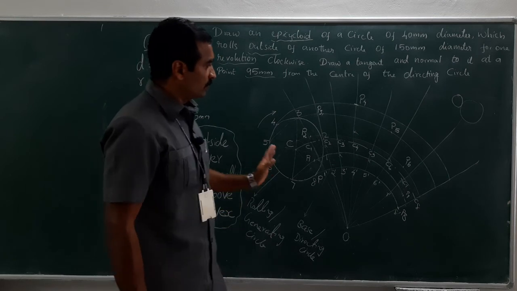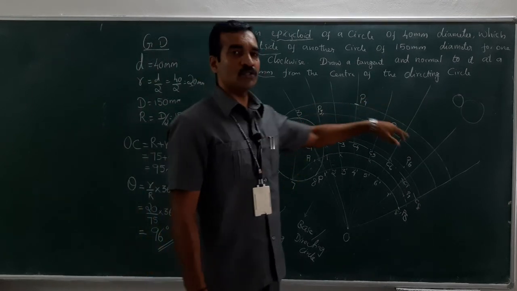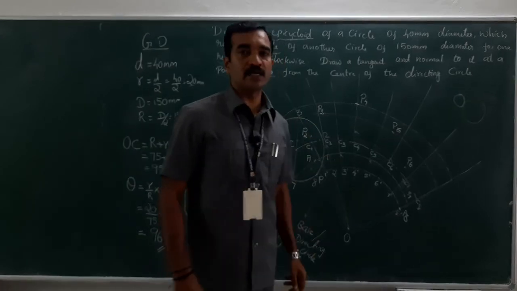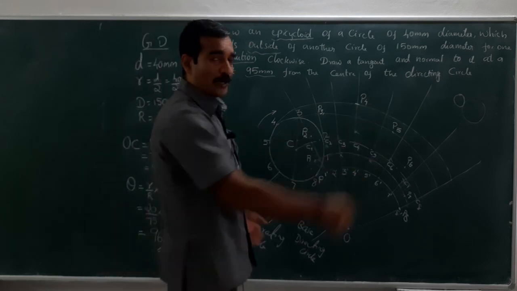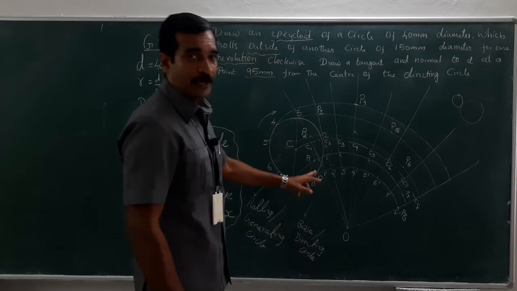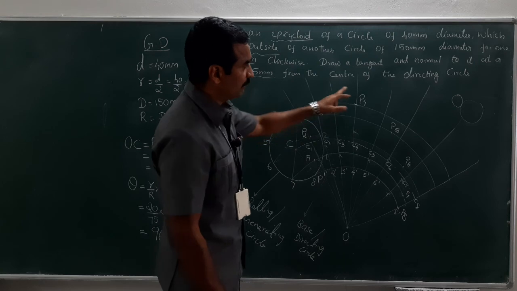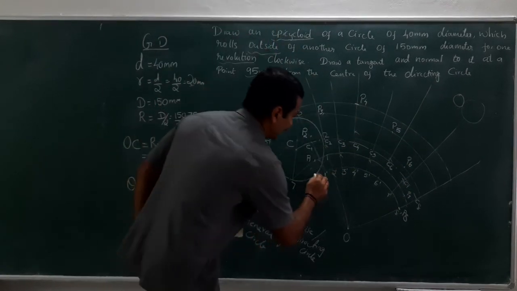Now what I did was I have just marked those points where the rolling circle rolls over the directing circle or the base circle. Now I am going to plot all the points which I have traced, right? Starting from P and passing through P1, P2, P3, P4, P5, P6, P7, P8 to complete the curve.